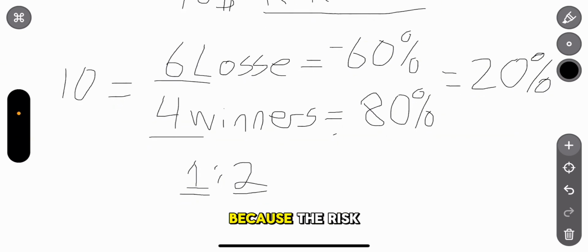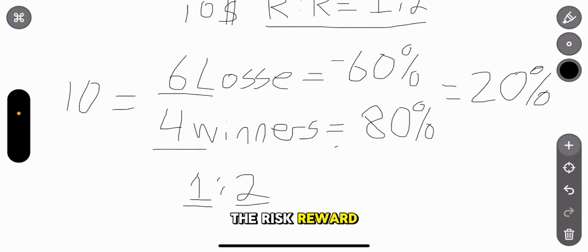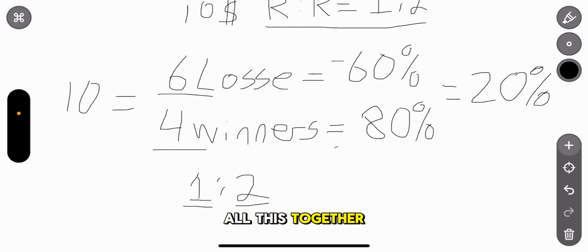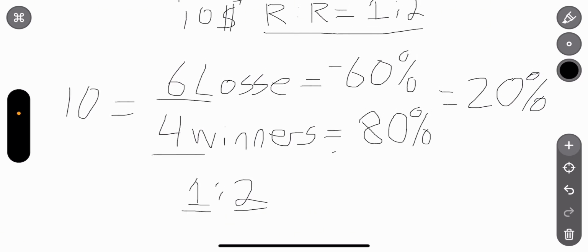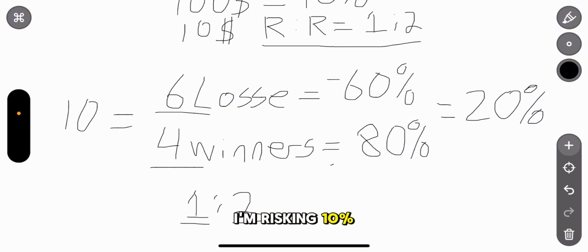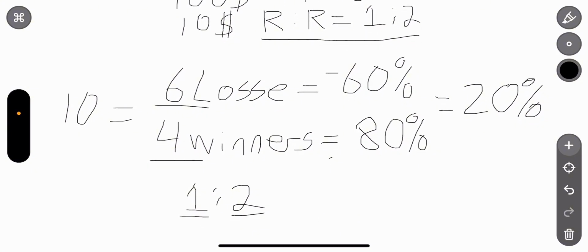It's because of the risk to reward. The risk to reward. So all this together, and the size of my account, all this together ties to my risk management. Right? So if I'm risking 10% at a risk to reward of 1 to 2, I'm risking 10% to make 20%.